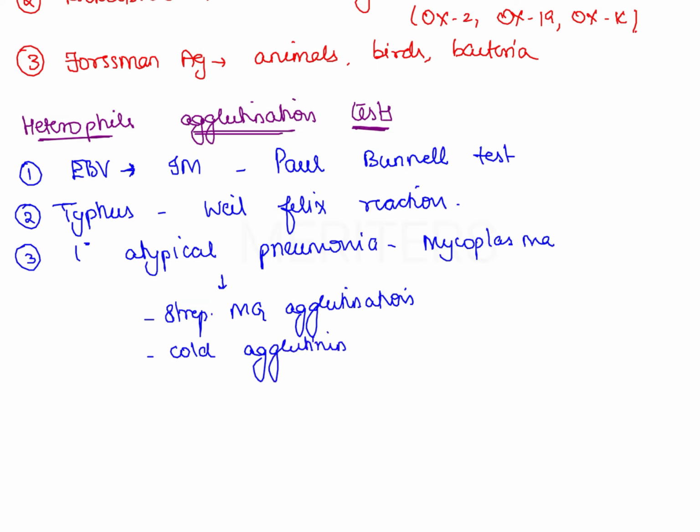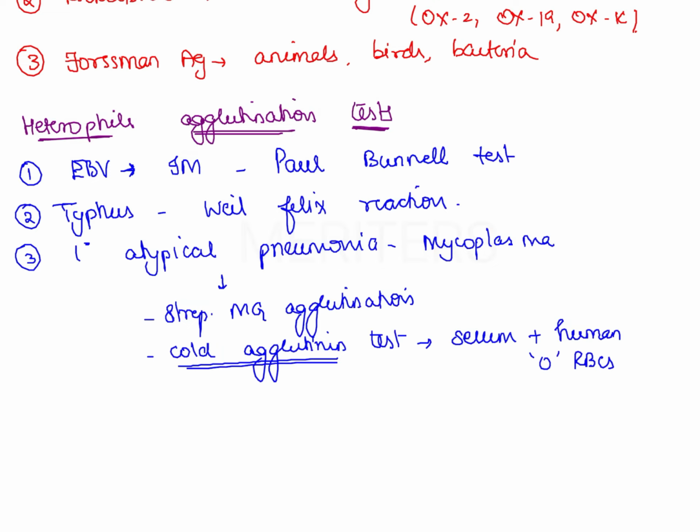So these are some of the examples. The cold agglutinin test is the agglutination caused by mixing the serum of a patient with primary atypical pneumonia with human RBCs, specifically human O RBCs, which shows the agglutination. So these are some of the examples of heterophile agglutination tests used to detect heterophile antibodies.